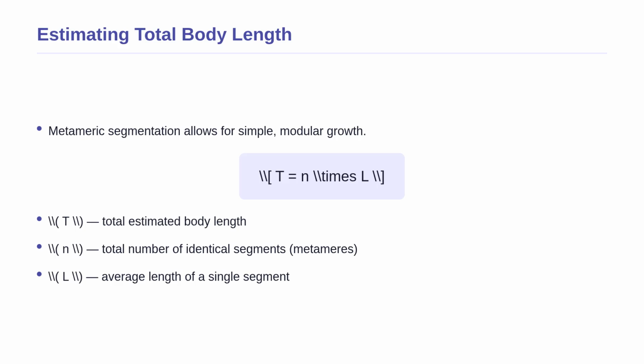The variable N represents the total number of segments, or metameres, and L is the average length of one individual segment. If a worm grows by adding more segments, the value of N increases, and therefore the total length T increases, demonstrating perfectly modular growth.